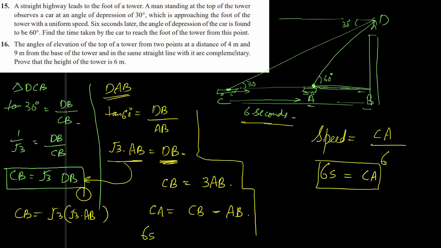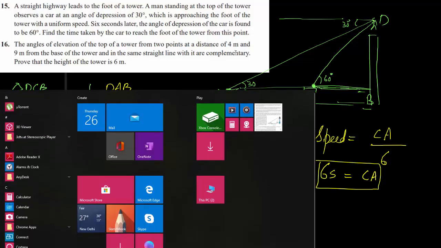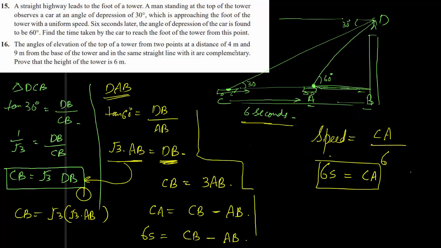CB is the total distance, and CB minus AB is the distance we have to calculate, right? 6S is CB minus AB.